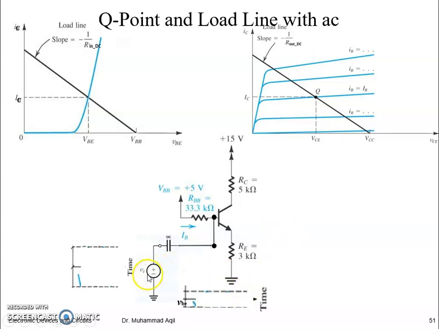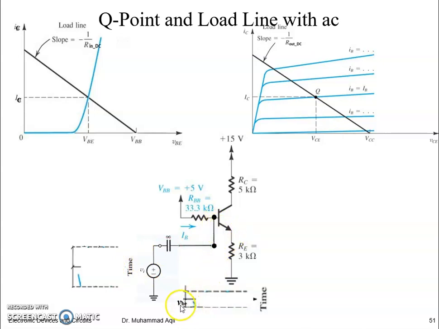For example, when we apply the Vi AC signal, the negative phase comes first. At its negative peak, part of this negative peak AC voltage develops across base to emitter, and because these voltages come from a pure AC signal, it will be a pure AC VBE.